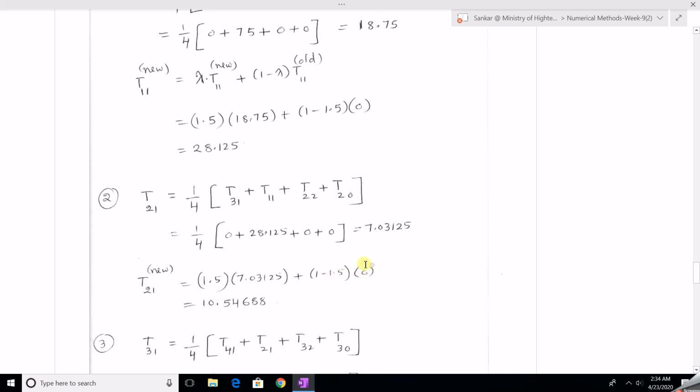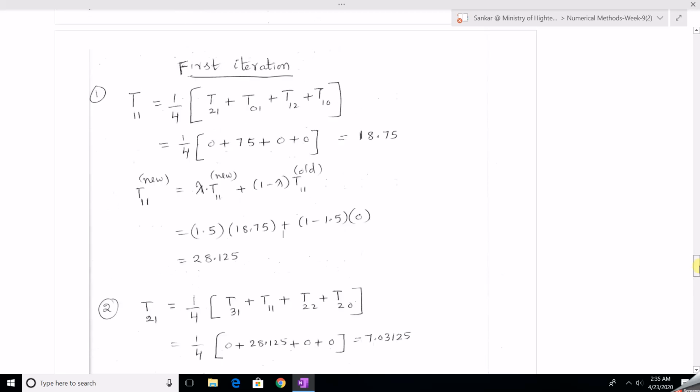Initially we assumed all the temperatures are 0, so the old value of T21 is 0. After simplifying, we get 10.54688. This is the better approximation of the temperature at the point 2,1.